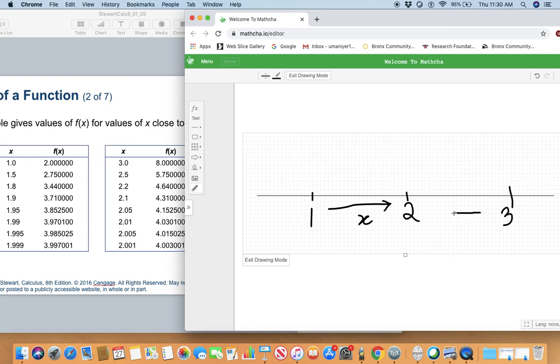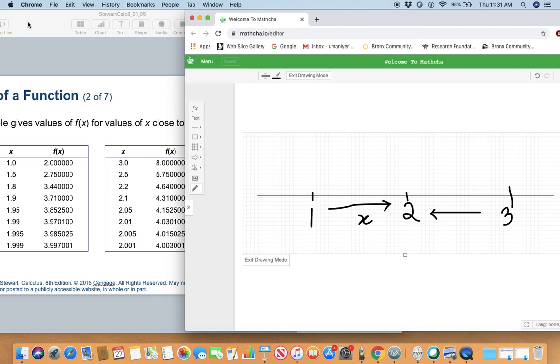That is, x value is approaching 2 from the right. All right. So 2 is here. One table is investigating what happens to f(x) as x approaches 2 from the left. The other table investigates what happens to f(x) when x approaches 2 from the right.